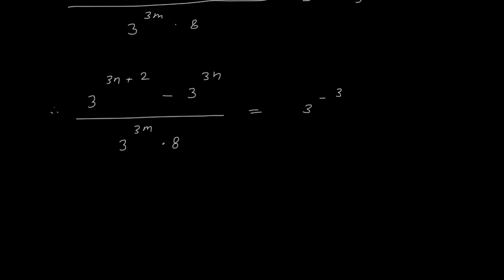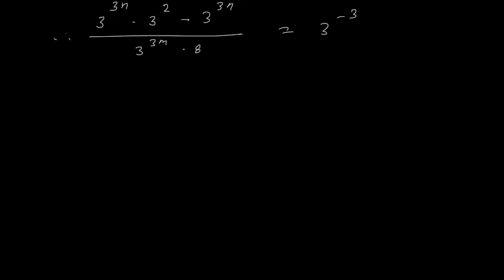Now this 3 power 3n I can take common. Therefore this can be written as 3 power 3n into (3 power 2 minus 1), whole divided by 3 power 3m into 8, is equal to 3 power minus 3.